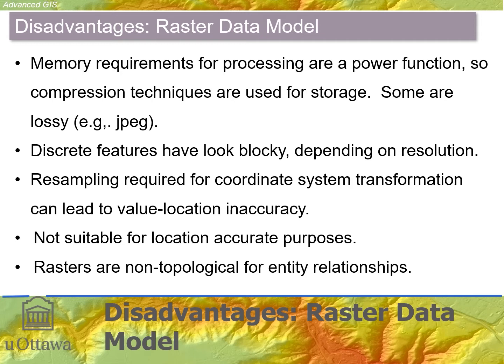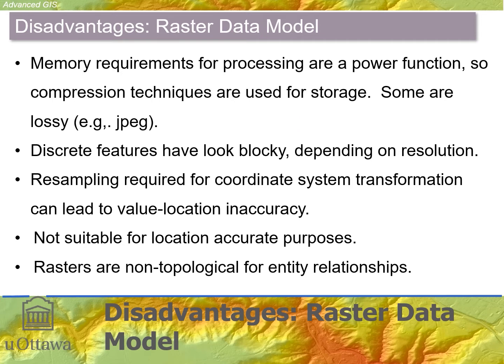So compression techniques are used for storage purposes. For example, the common ones like a JPEG or a GIF or a PNG that are used on the web are all compressed raster layers or raster images. And that's so that they can be transmitted with minimal bandwidth.